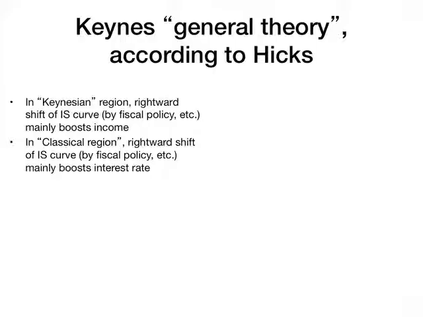So he was also very, very good mathematically. So he was able to justify this in a series of subsequent papers. In the classical region, where the LM curve is bent, the rightward shift in the IS curve by fiscal policy mainly boosts the interest rate. In other words, exactly as you were saying, lads, it won't be a good thing.